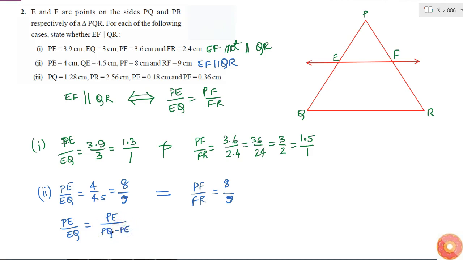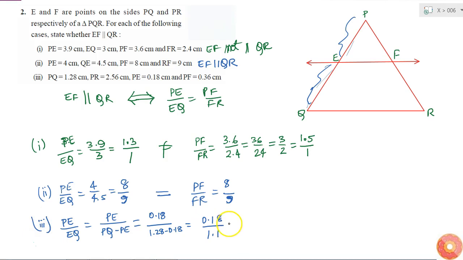Correct, because if I consider the total length and subtract this, I will be left with this. So what is that equal to? PE is 0.18 centimeter divided by PQ, which is 1.28 minus 0.18, which is equal to 0.18 by 1.1. This is my third part.